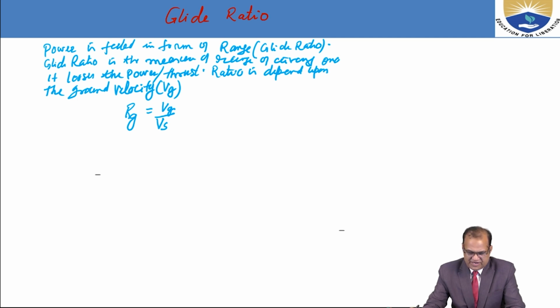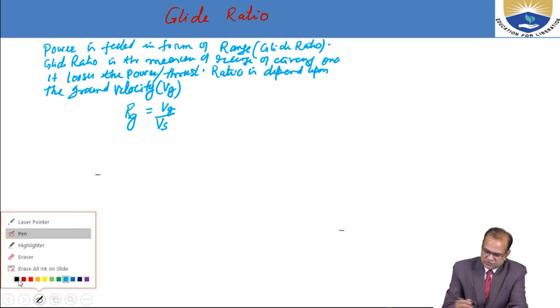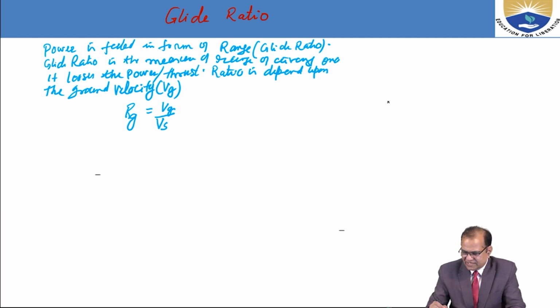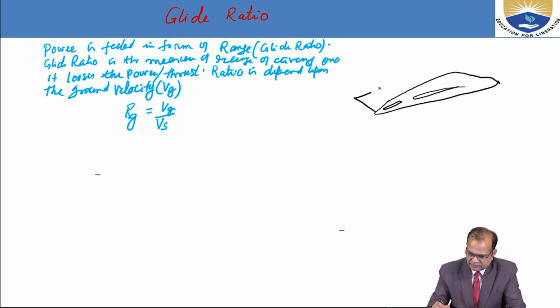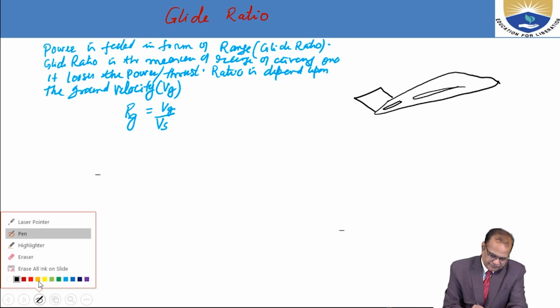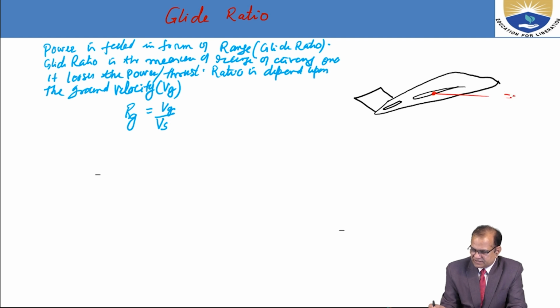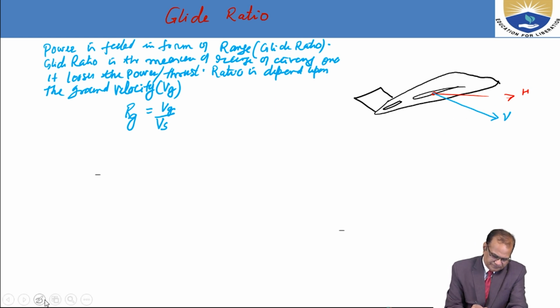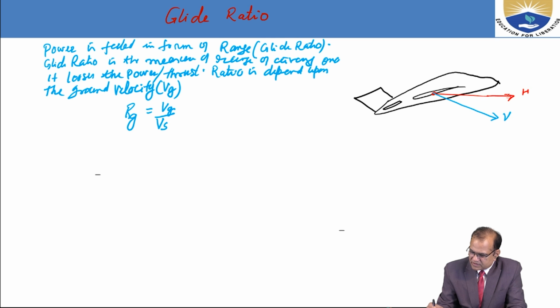So if I draw a diagram, I will choose another color here. This is the aircraft. From here this is the horizontal, and here is the velocity vector, which is sinking downwards.